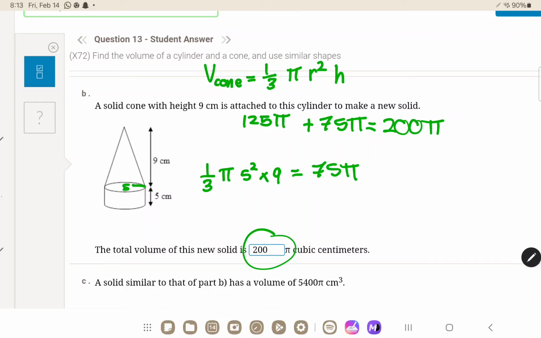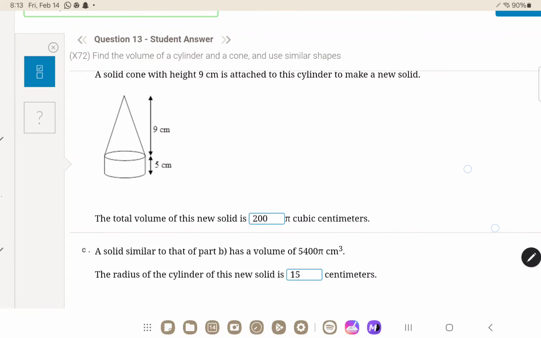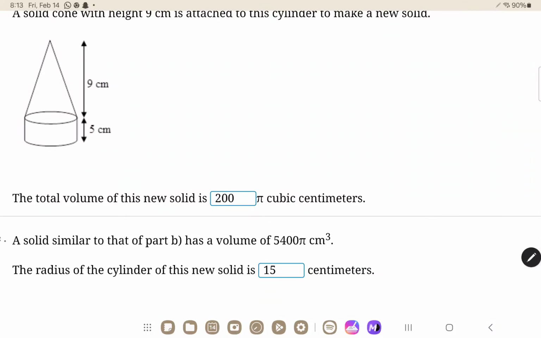Now, for the third part, it's a question that comes up a lot in the IG math paper 2 specifically, if you're doing it. They're telling you that you have a solid that's similar to part B, except here its volume is 5,400 pi, whereas yours was 200 pi.